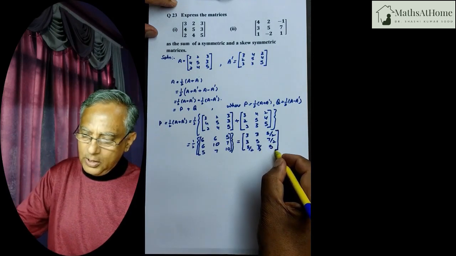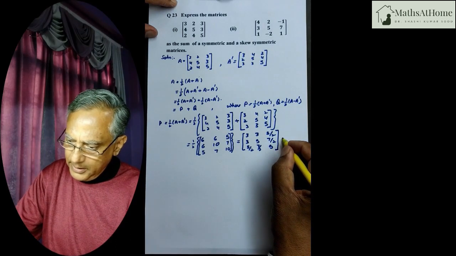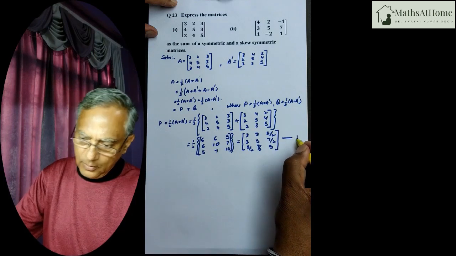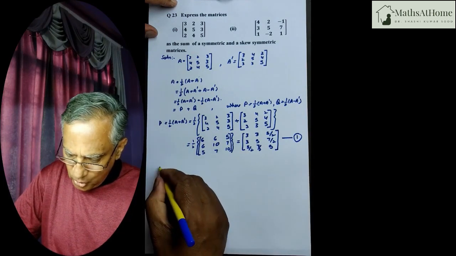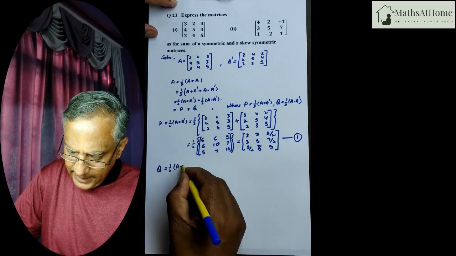So P is equal to this matrix. So let this be equal to 1.